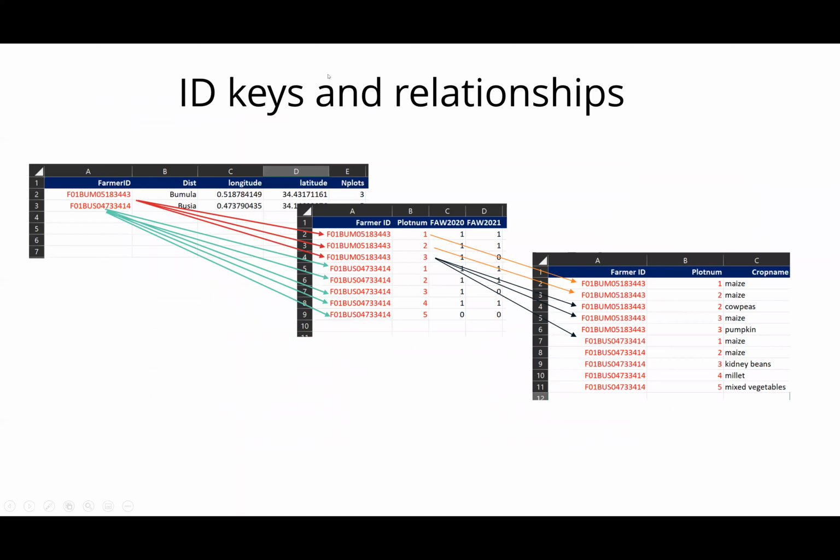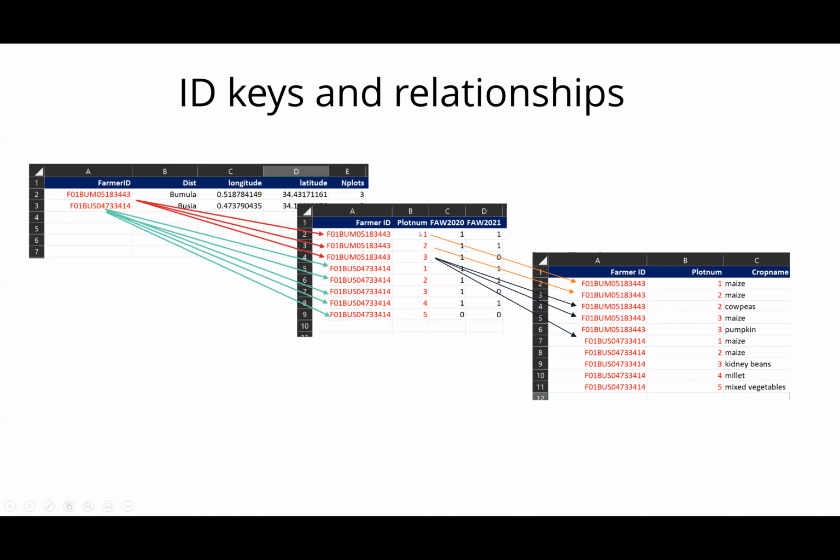So, what is the relationship within the tables? Notice that Rose, who is here the farmer and has information on the district, GPS and number of plots, at the plot level ends up with 3 plots, 1, 2, and 3, where the conditions for the fall armyworm are recorded.